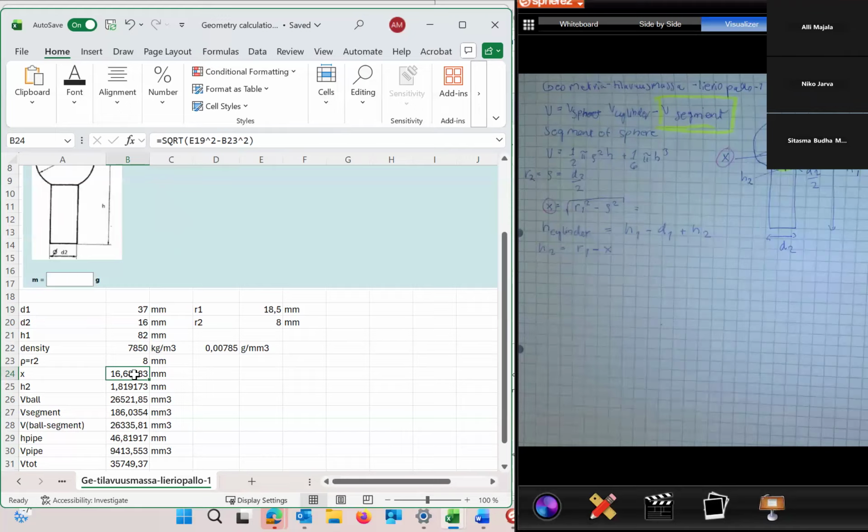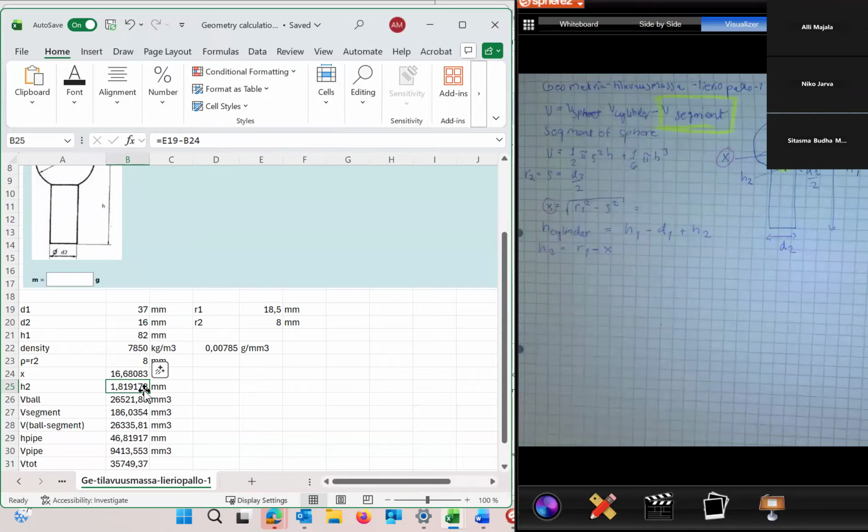So it's this easy calculation there, the X, which was the radius of the sphere minus the radius of the cylinder, and both in power of 2 because of the Pythagorean theorem.